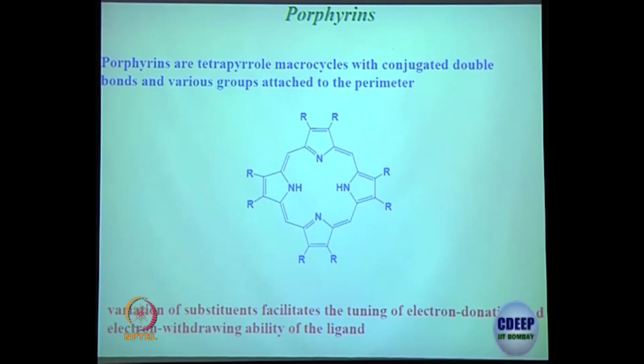You have seen how a bidentate ligand bites. This is a tetradentate, and this is a very good chelate. It's almost like the EDTA we were talking about. EDTA can extract metals out. Porphyrin is a strong ligand. It can extract out iron, or any metal center, very easily.